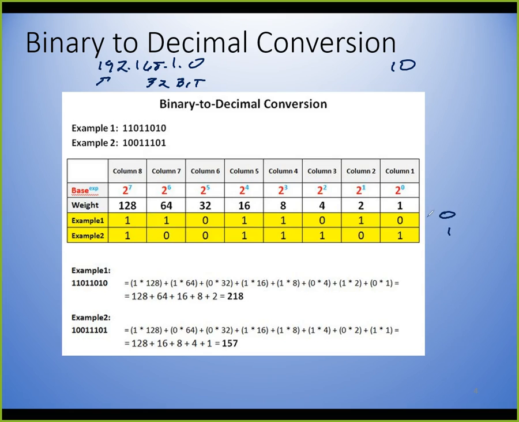It can be a 0 or a 1. In the next column, the value, how much it's worth, the placeholder, is 2, 4, 8, 16, 32, 64, 128. So if we have 1 bit, the maximum value of it is 1. If we have a 0, obviously it's going to be 0.